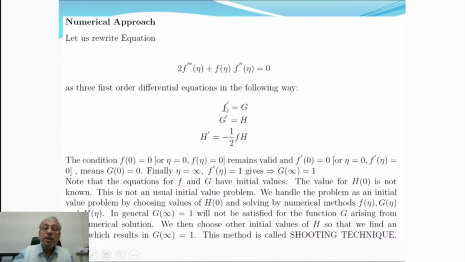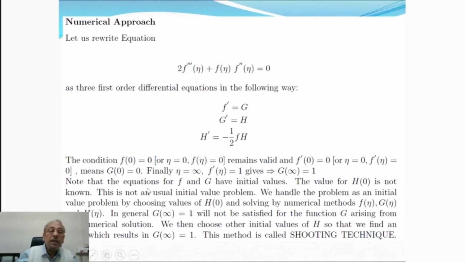That means f prime is 1 at eta equal to infinity, and at eta equal to infinity g is then known, g infinity is 1.